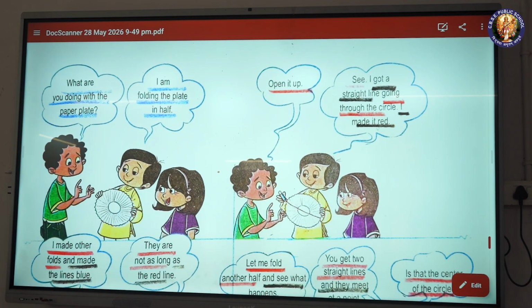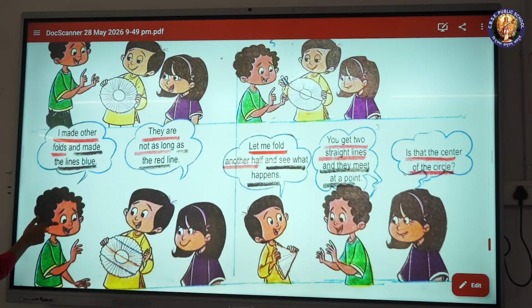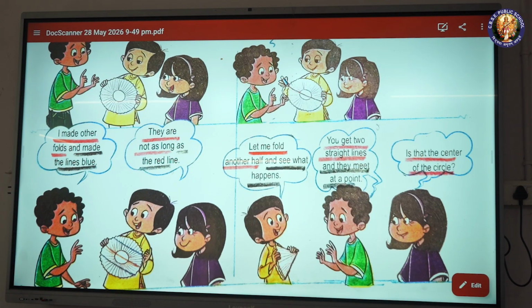What are you doing with the paper plate? I am folding the plate in half. Open it up. See, I got a straight line going through the circle. I made it red. I made other folds and made the lines blue.